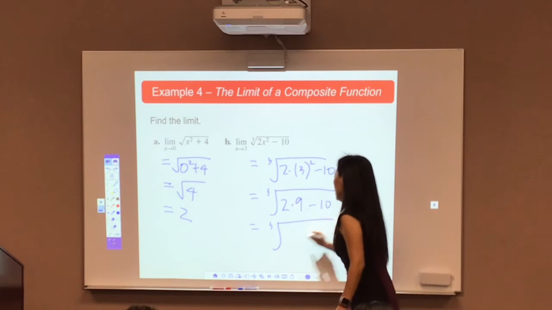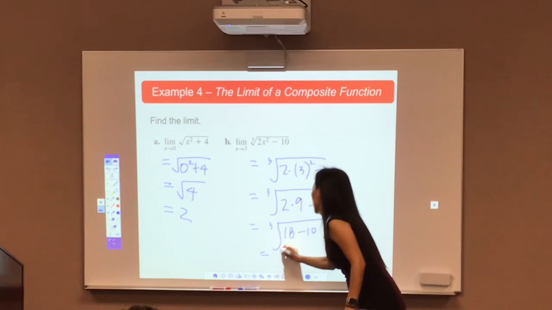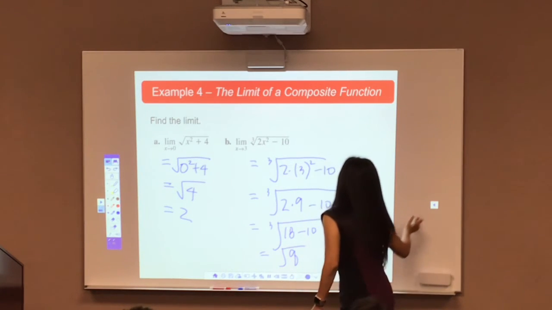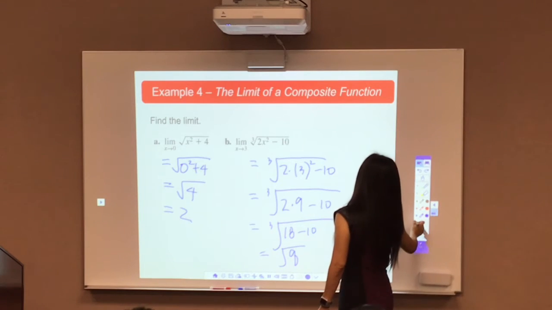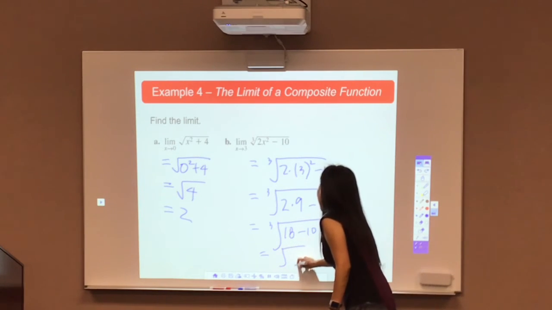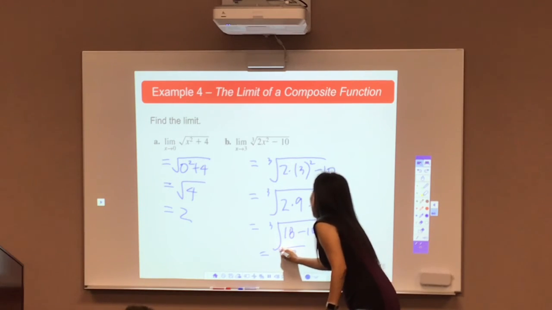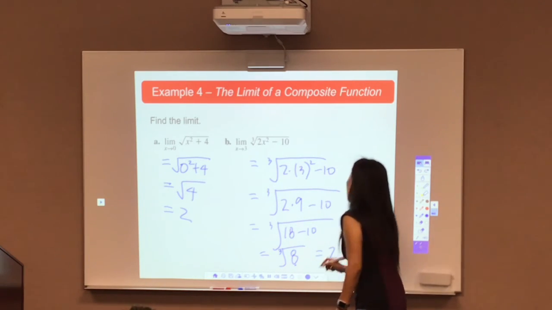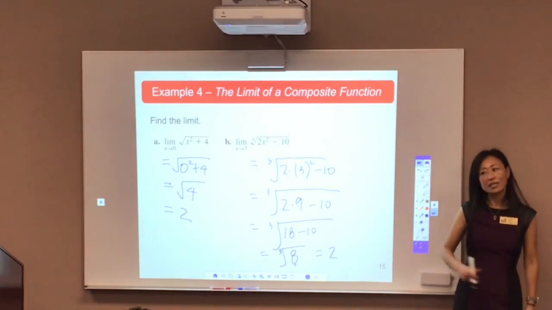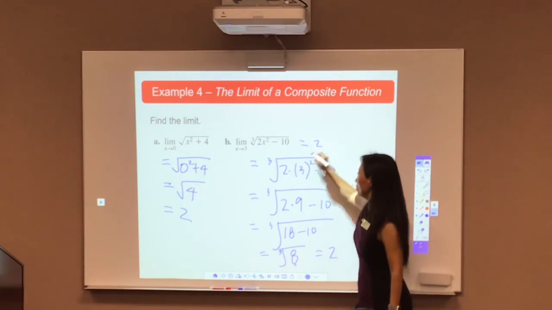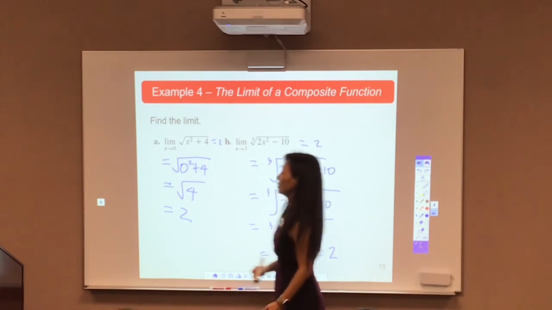Cube root of 18 minus 10. I cannot leave it like that, I've got to work on this. 8. So cube root of 8 is the same as 2. So that's my limit. That's good. So the limit here is 2.